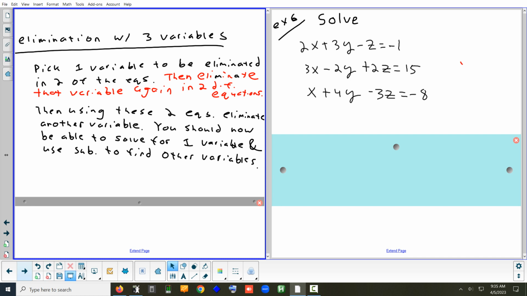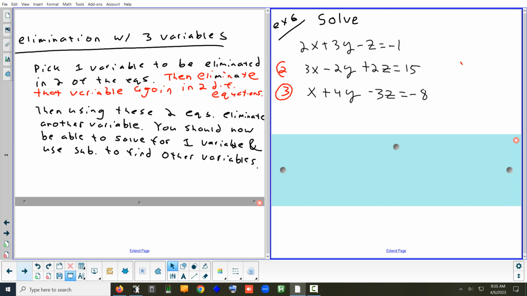So to do step one, the best case scenario is you have an equation that has a variable with a 1 in front of it. That's going to make it the easiest to do. Do we have an equation here that has a 1 in front of one of the variables? Yes, the third one. Okay, so I'm going to use the third one. Any number that I write down circled is going to represent an equation.